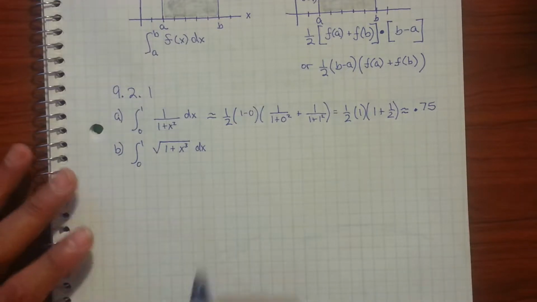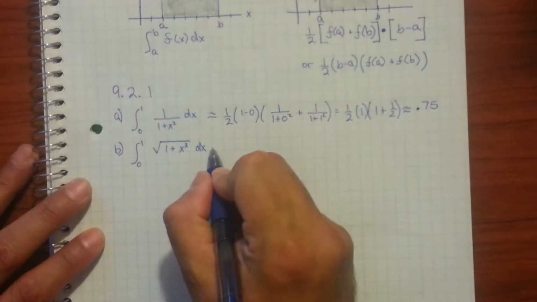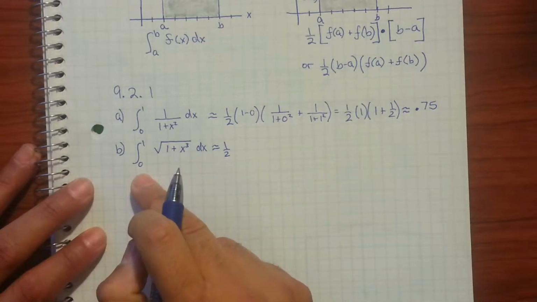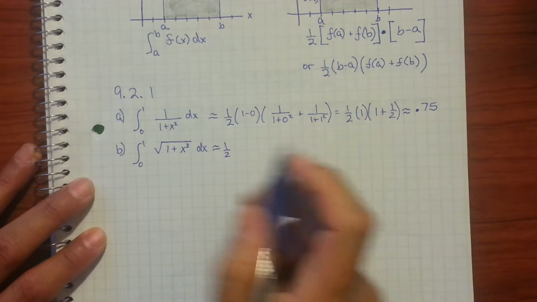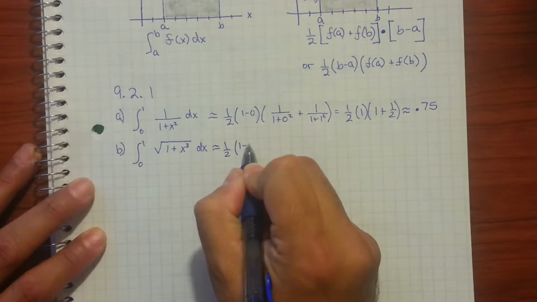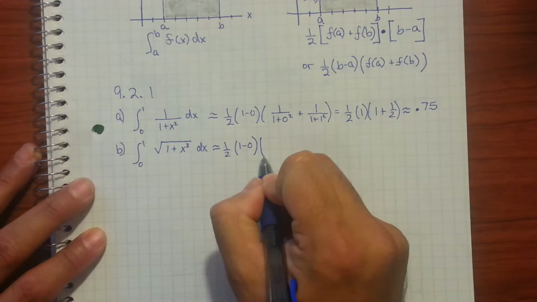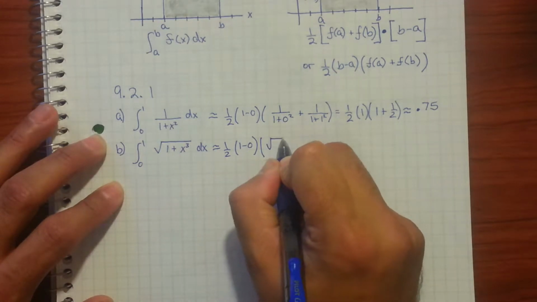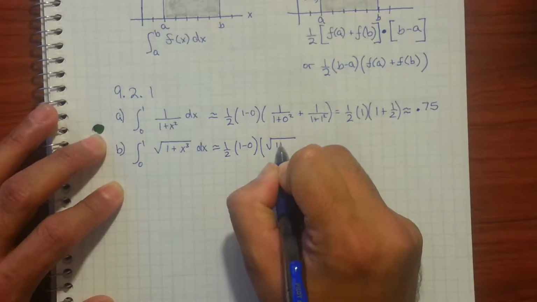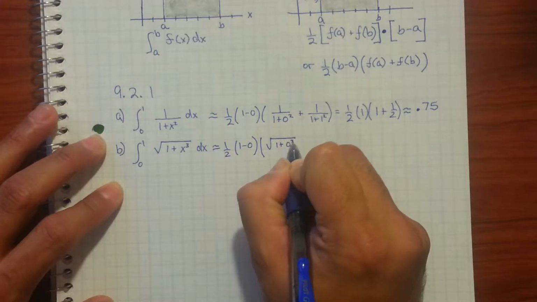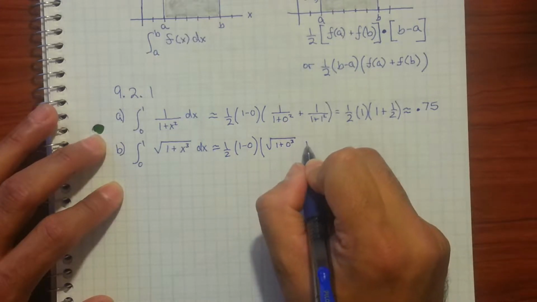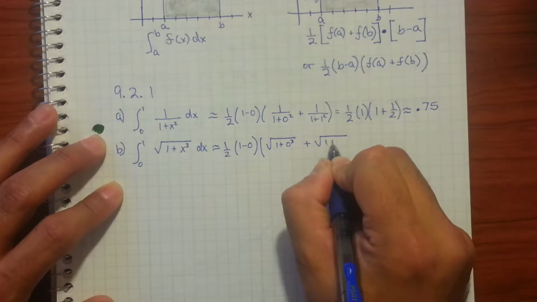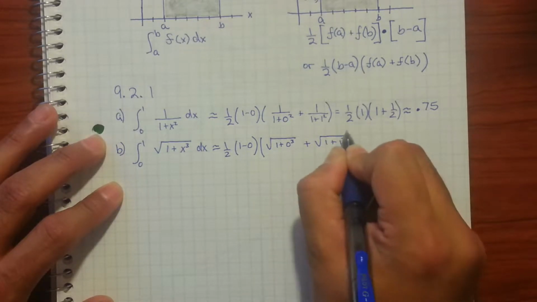So second example, we have approximately 1/2. Okay, so I'm going to do my b minus a again. So it's going to be 1 minus 0. This next one is going to be the square root of 1 plus 0 to the third, plus square root of 1 plus 1 to the third.